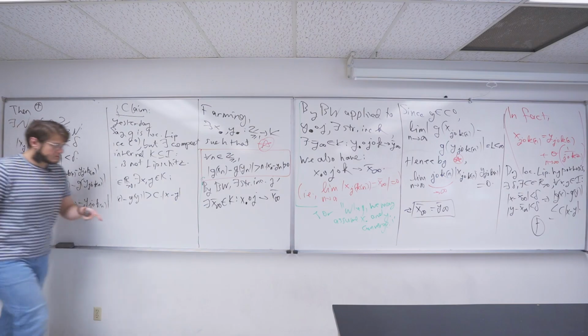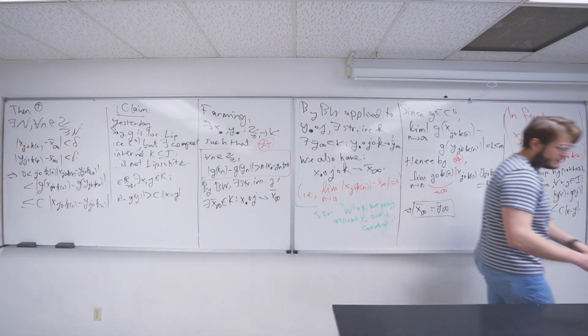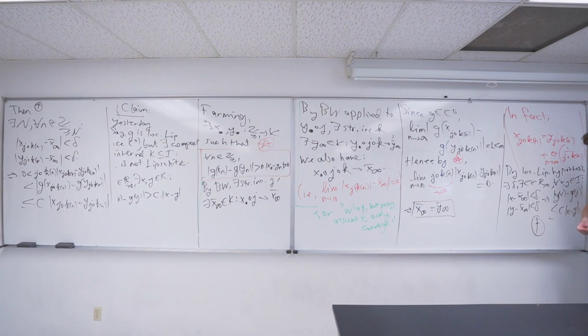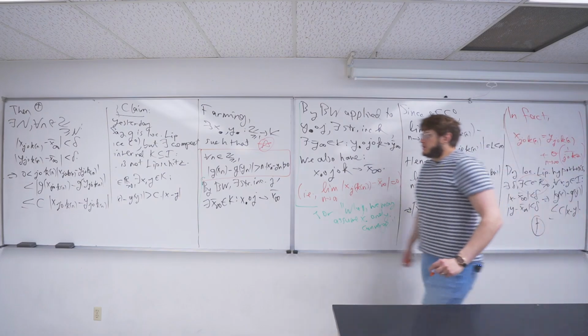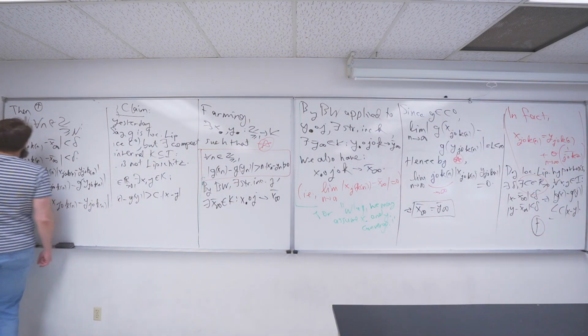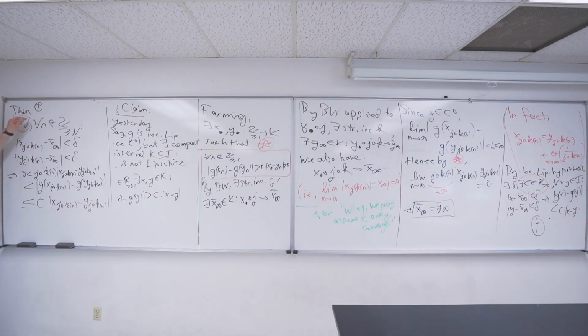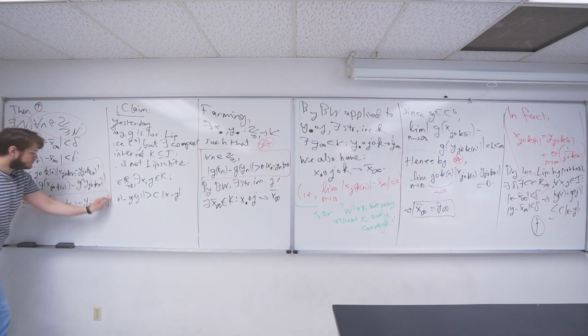Okay, so what I'm saying ultimately is that there is a finite number, an uppercase N, such that after it, I have that this is upper bounded by this.